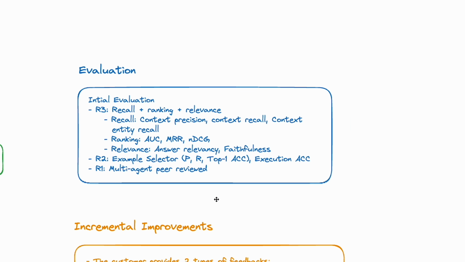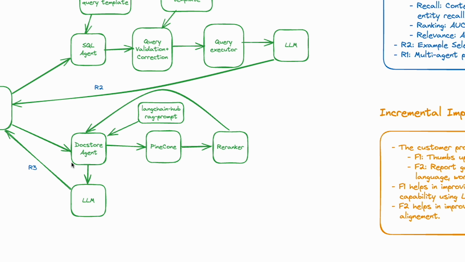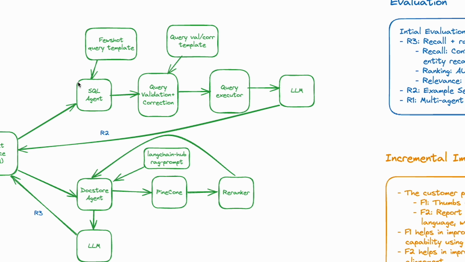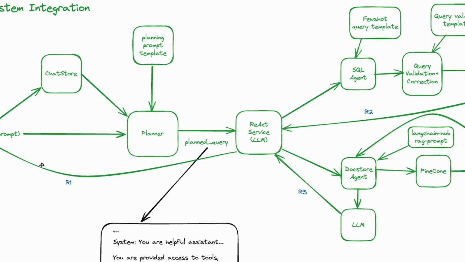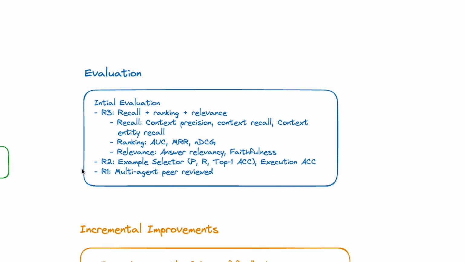So for evaluation, as we mentioned, there are three things we want to evaluate: R3, R2 and R1. R3 is related to RAG, R2 is related to the SQL agent, and R1 is related to the overall system evaluation. For R3, which is related to RAG, we need to evaluate three things here. One is recall, which is how good the retrieval capability of the system is; ranking, which is the ranking capability of the system; and relevance, which is how relevant the documents we extract are to answer the user prompt.